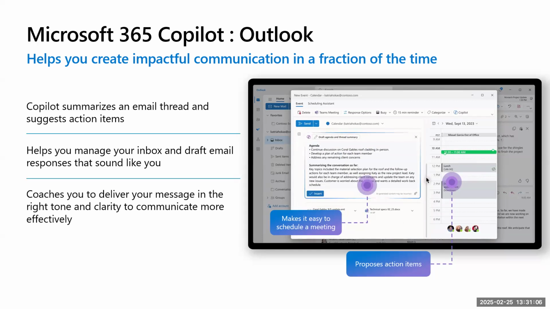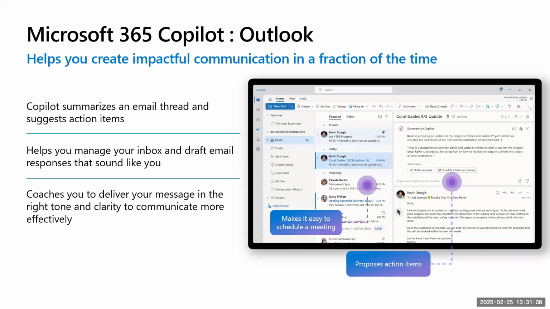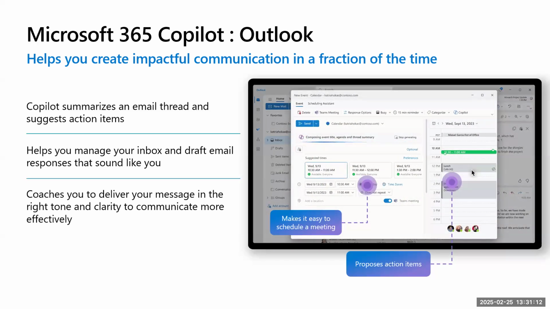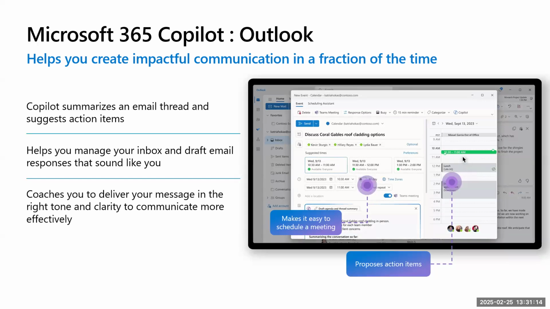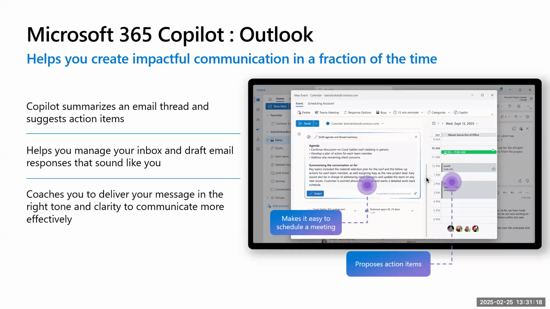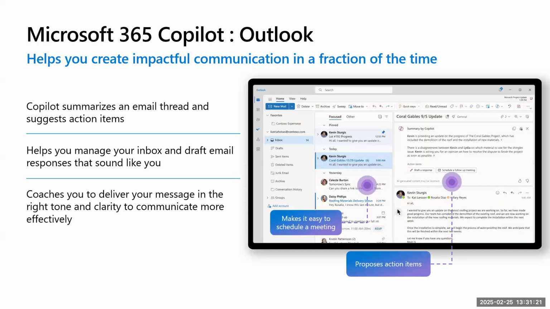It can help you to aggregate all the information that you've chatted about with this person in the past. So all of those features are available to you. You just go into Outlook and use the Copilot button, and it can do all of those for you.